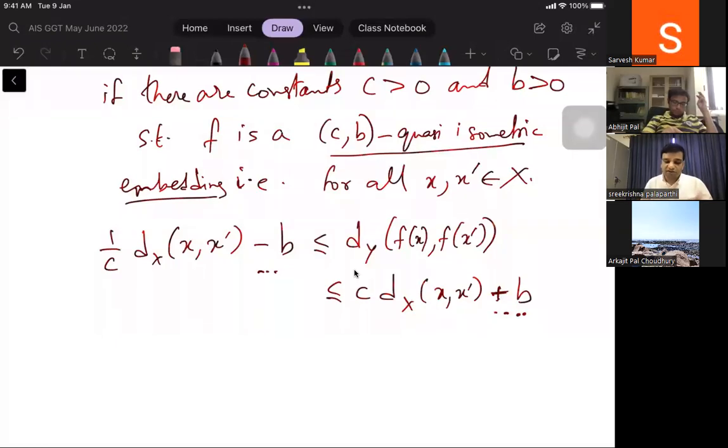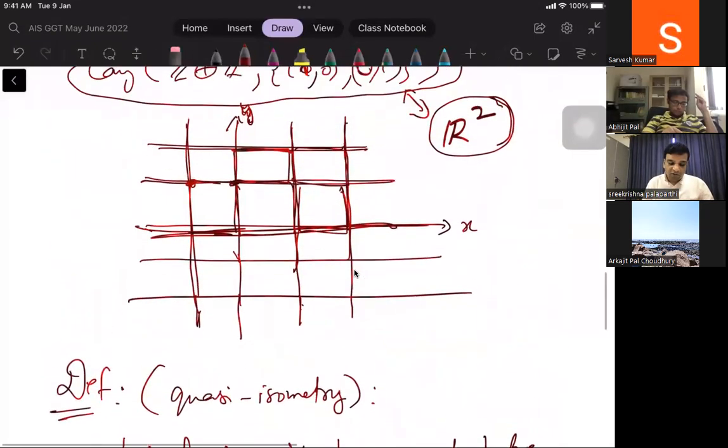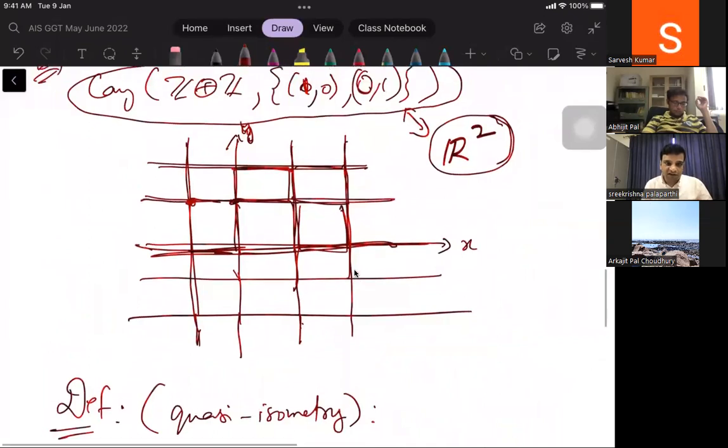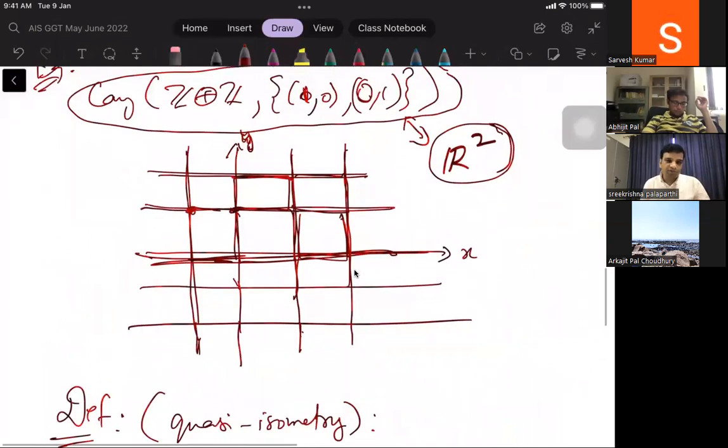So when you have a quasi-isometric embedding, go back to this example, there is an inclusion of the graph of Z plus Z in R2. Well, we are painting it in R2. So you take points of this thing, and then points of the graph, and they are within a certain distance of points in R2.